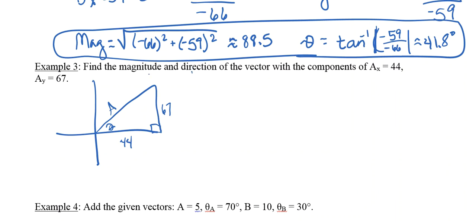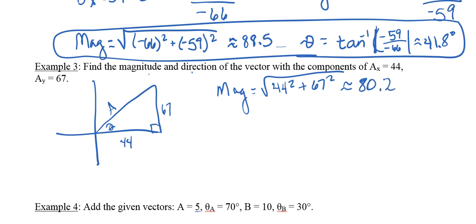So to find the magnitude and direction, you don't have to do any adding. We're just going to go straight to the last step on the last one. So the magnitude is simply the square root of 44 squared plus 67 squared. So that's approximately 80.2 units.